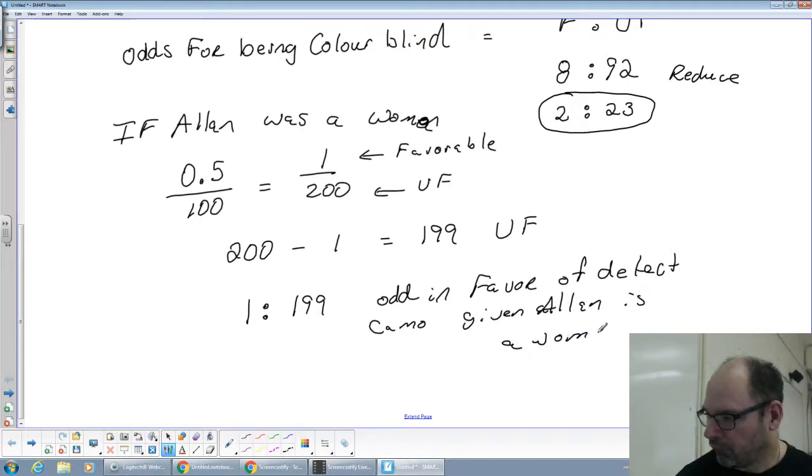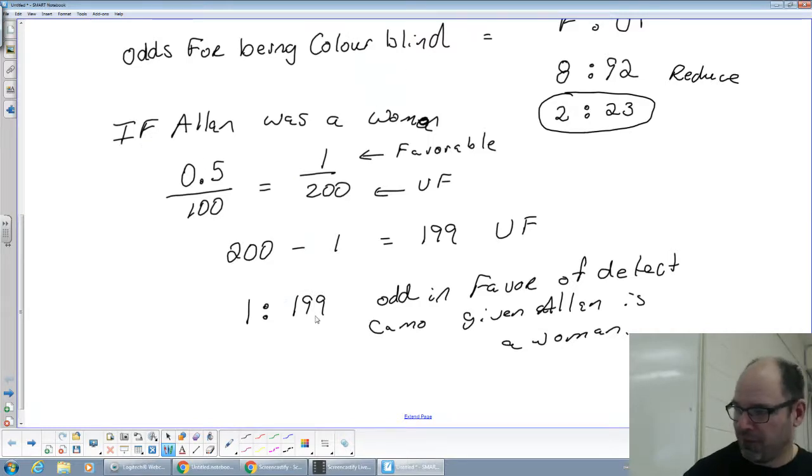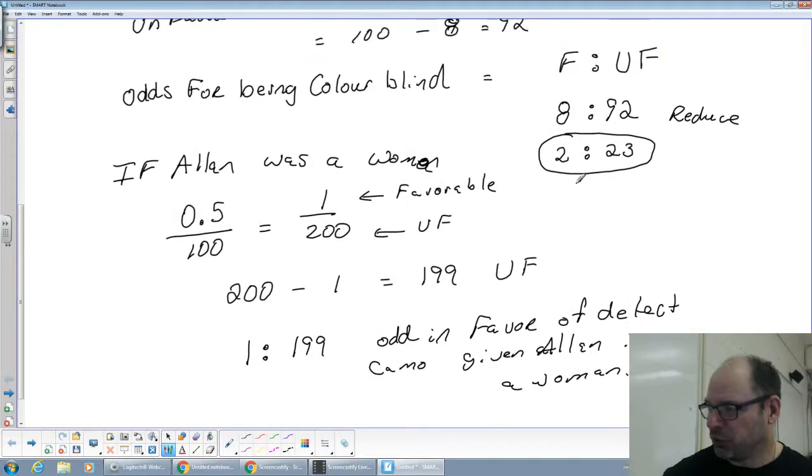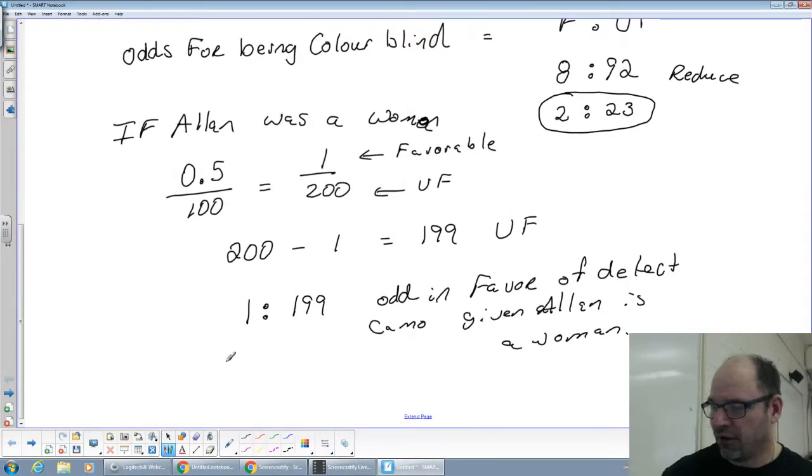So we can probably assume that Alan's a man based on name, but you can't be 100% sure. So either of these would be okay answers by me. 2 to 23 if Alan is a man, and 1 to 199 if Alan is a woman. Okay, and that makes sense because 0.5% is considerably lower than 8%.